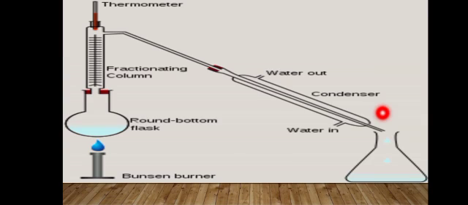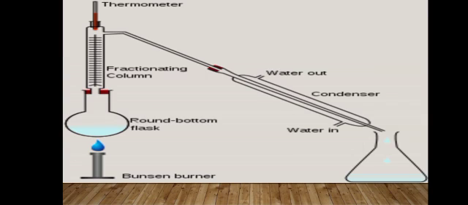Is that clear? With this temperature we will examine the boiling point or the temperature of the steam which will pass through this column, and then it enters into the condenser, and in the condenser the steam will convert into liquid which eventually comes and is collected in this flask. Is that clear? This is the method of fractional distillation.